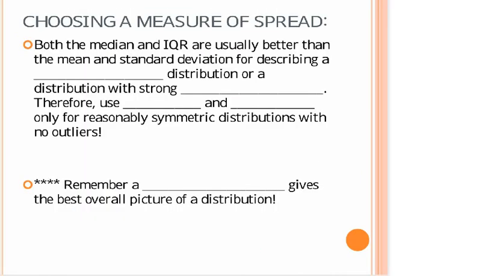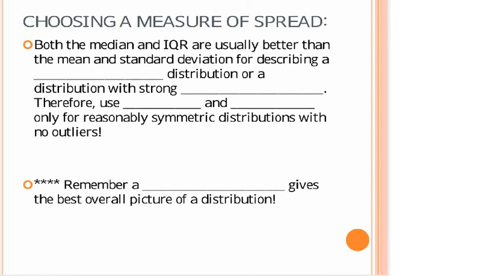All right, so let's choose a measure of spread. Well, basically, here's what you need to know. If something's skewed, you just don't want to go with the mean or anything that has to do with the mean. And since the standard deviation is tied to the mean, we probably don't want to use it. So we're going to use the opposite.